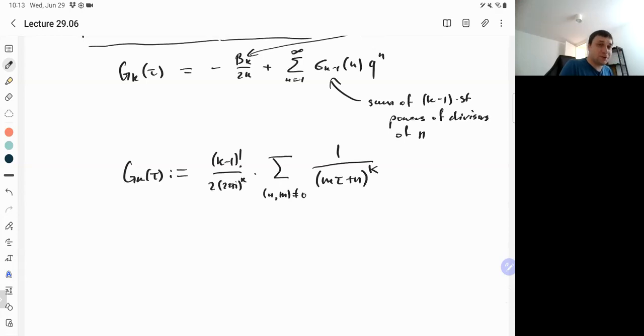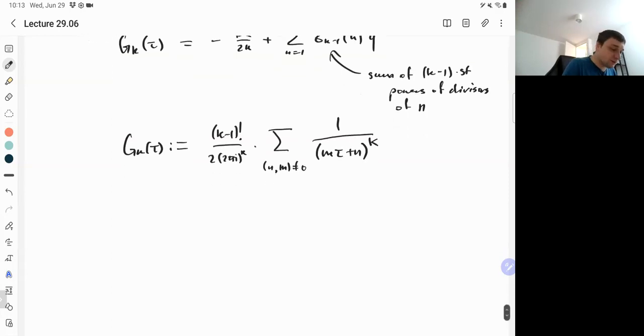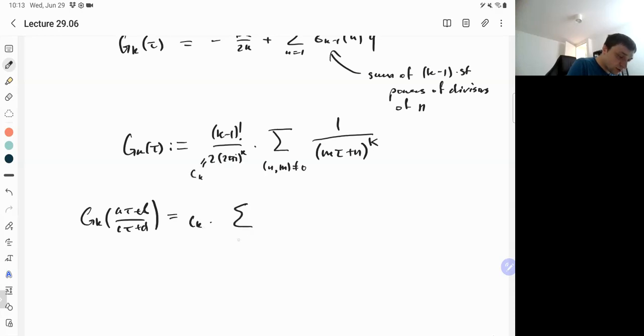And then the actual work becomes in proving that these two things are identical, the first definition I gave and the second. Let me just verify that this is indeed modular. So I'll just ignore this constant, call it c_k.